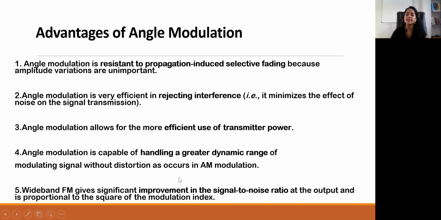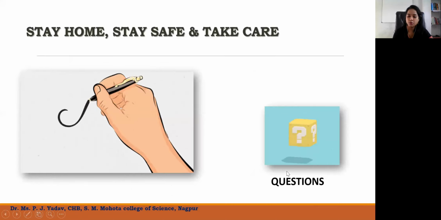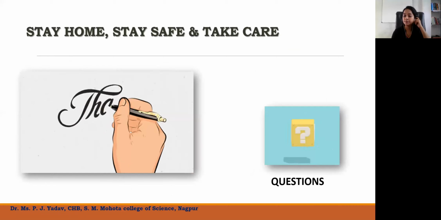As the bandwidth is very large in phase modulation and frequency modulation, you can have a larger dynamic range of modulation in these two types of modulation techniques. Which two? Phase modulation and frequency modulation. So I think this is all for phase modulation.